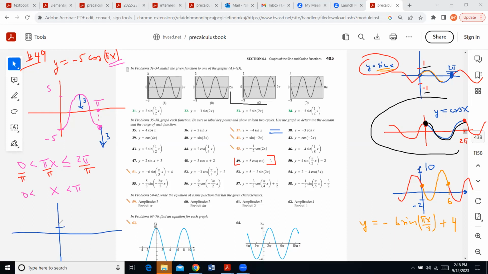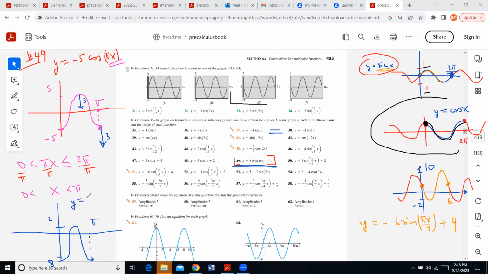So 2 is our higher one now, and the graph will go now somehow like that. And it will end at the point pi. And of course, here we're gonna have 8. Like that. So we shifted it down again because of problem that says subtract 3 from this whole thing.